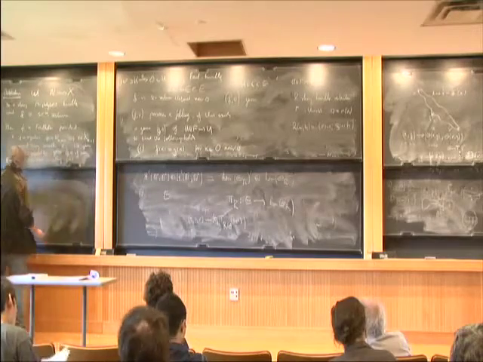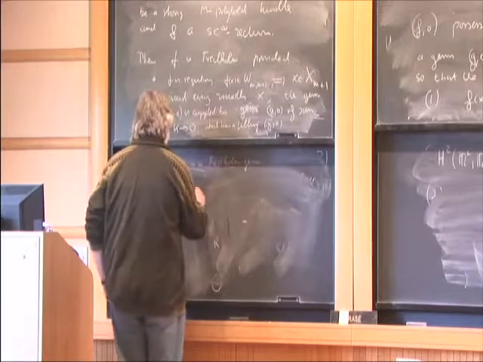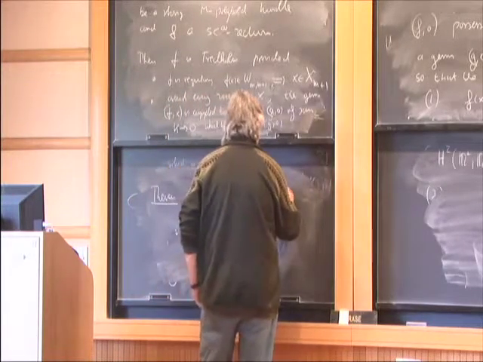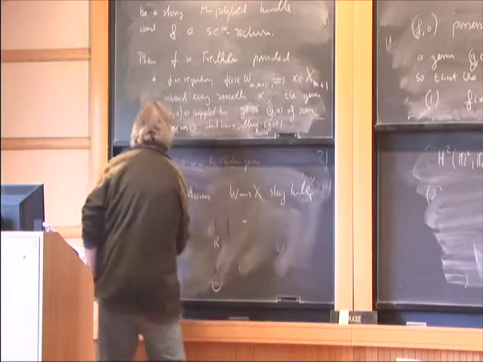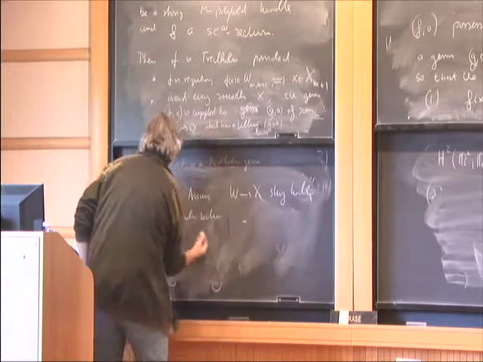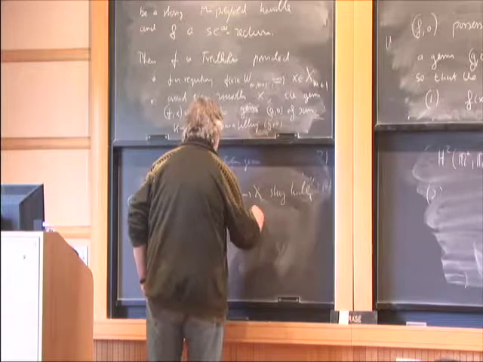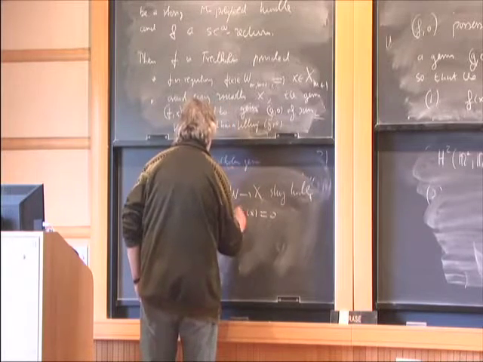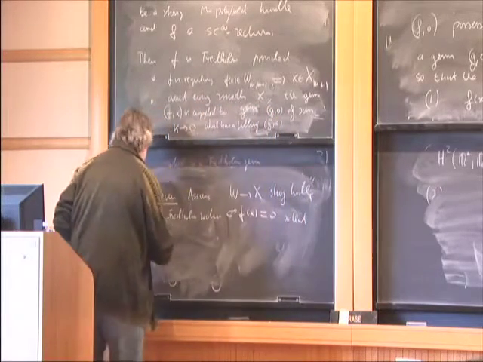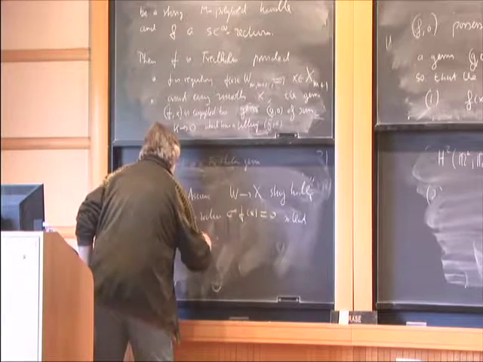So the result is now the following theorem. Assume the strong bundle F, a Fredholm section, and assume f of x0 equals 0, so that Tf of x0 is onto.